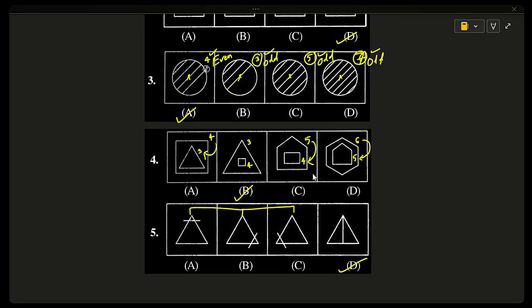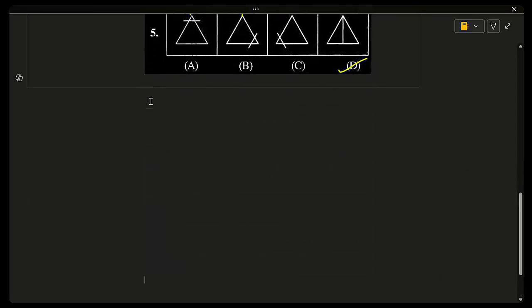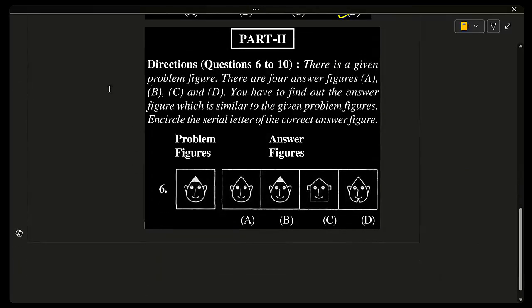Part 2. Directions for question 6 to 10.